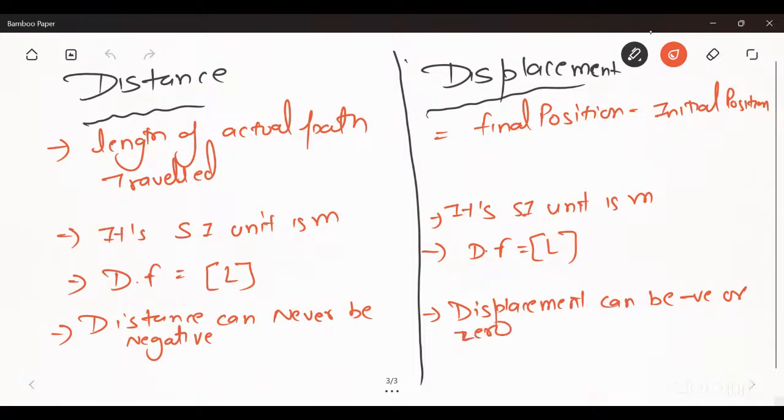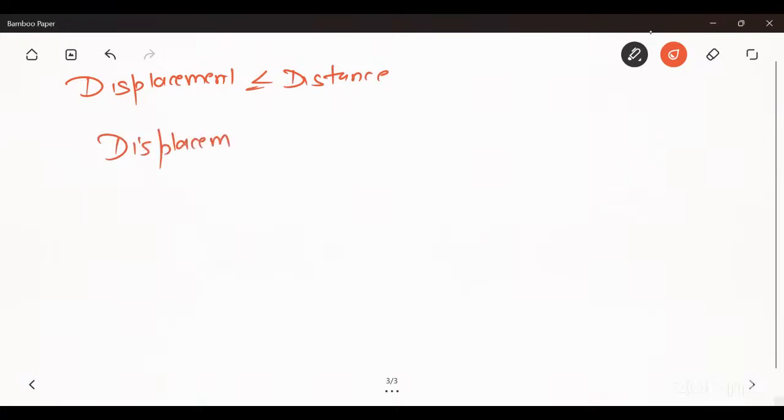Generally, the displacement is always less than or equal to distance. So the ratio of displacement and distance is always less than or equal to 1.